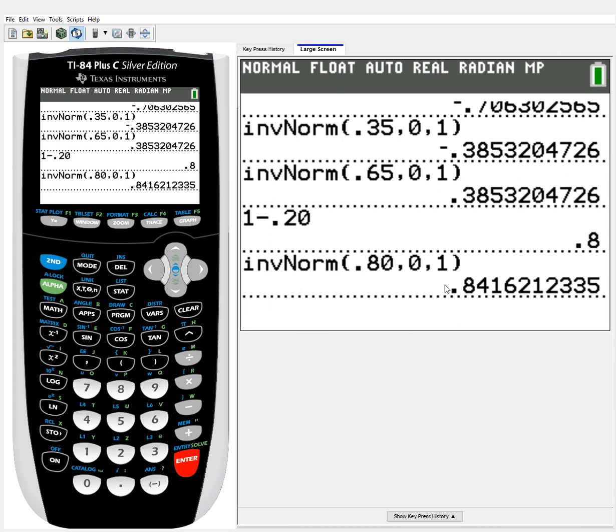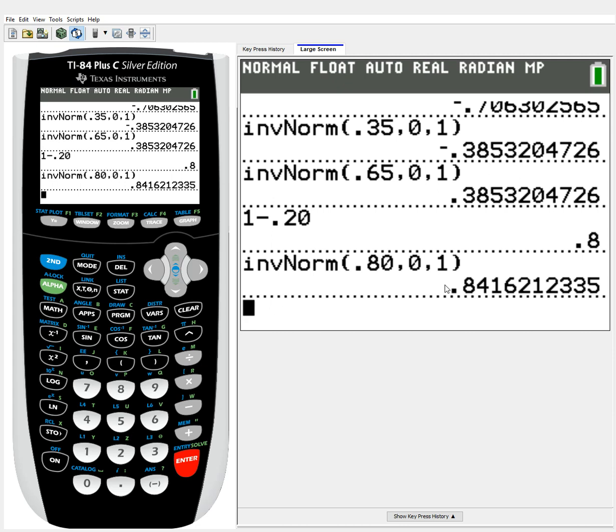And that's one pretty common application of using inverse norm, is working with z sub alpha values, which is just one way of notating how to do these z-scores. Instead of writing out what z-score has some percentage above or below it, we tend to just talk about find z sub 0.15 or z sub 0.12.